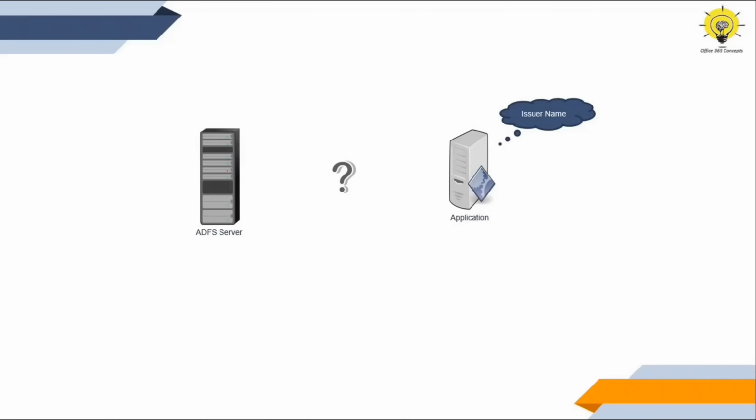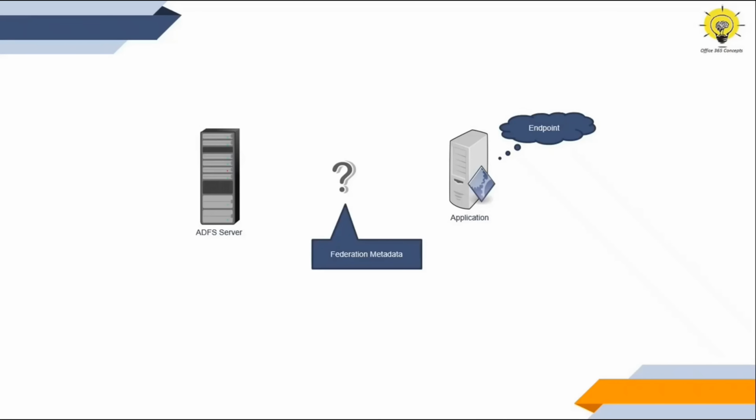How can an application use the public key of the token signing certificate of your ADFS server to validate the security token? And finally, how would an application know to which endpoint of the ADFS server it will have to reach? And the answer is federation metadata.